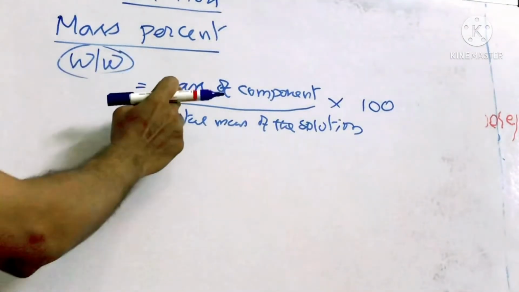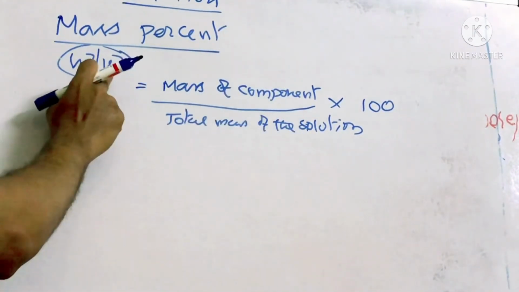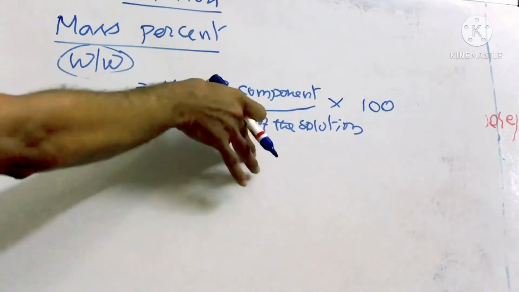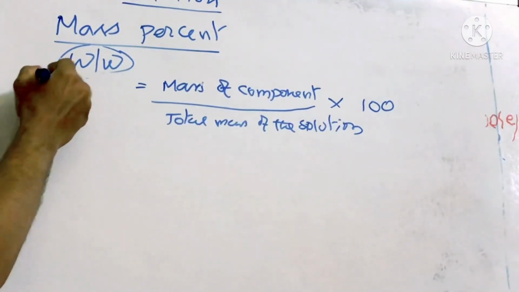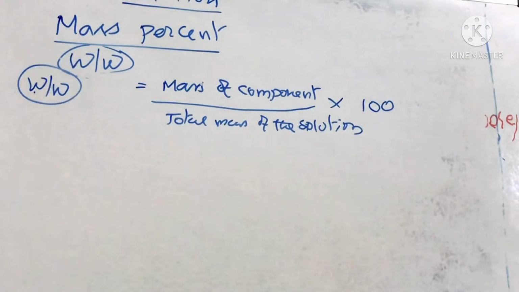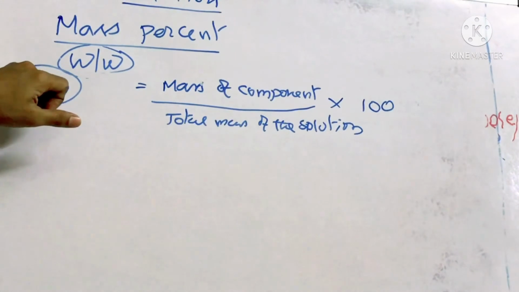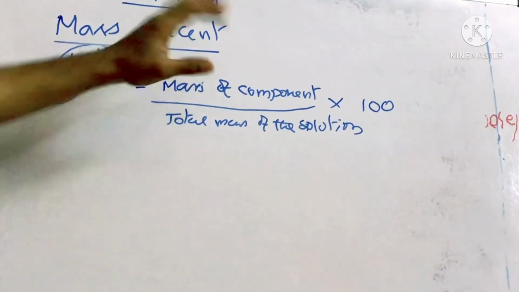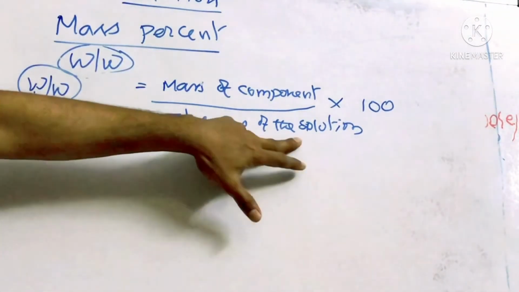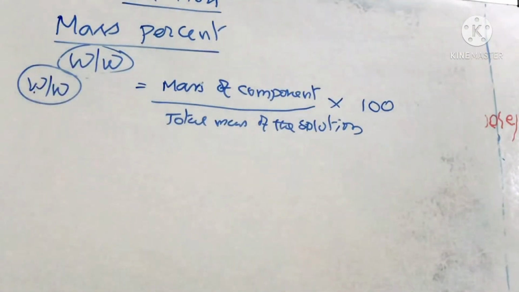Since both are masses in grams, that is weight, W by W. Whatever value comes is called W by W, in gram per gram. So for example, per 100 grams, what is the weight of that particular component is called mass percent. If you are changing the 100 grams here to any other number, then you have to multiply with 100. Clear?